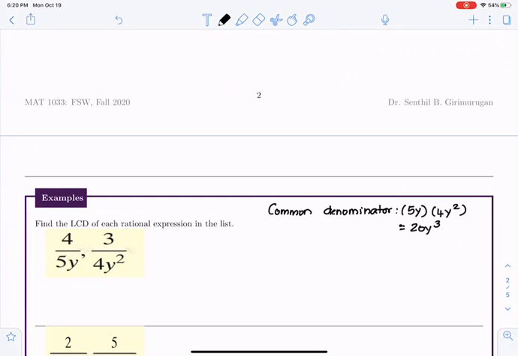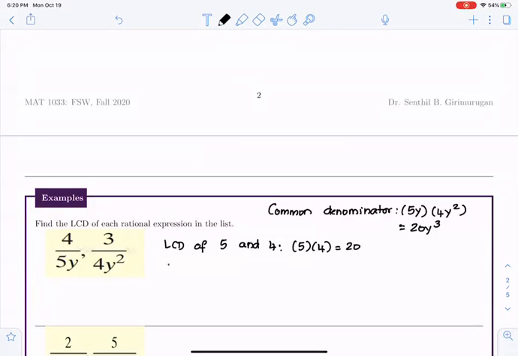So when we have numbers and variables, first we look at whatever term could be common between the numbers. So LCD of 5 and 4. Clearly there is nothing common between 5 and 4, so we just multiply the two to get 20.